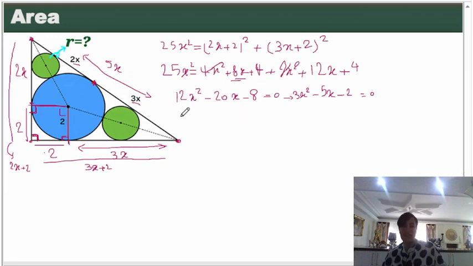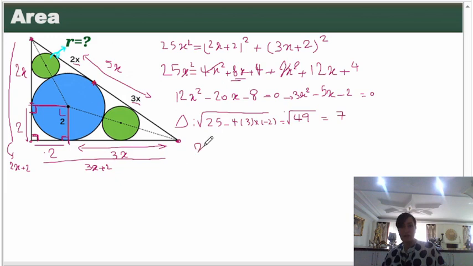The discriminant formula says delta equals the square root of b squared, which is 25, minus 4 times a, which is 3, times negative 2. So 25 plus 24 gives me 49. So the delta would be 7.